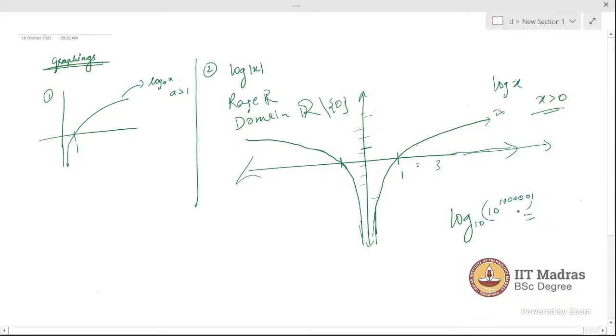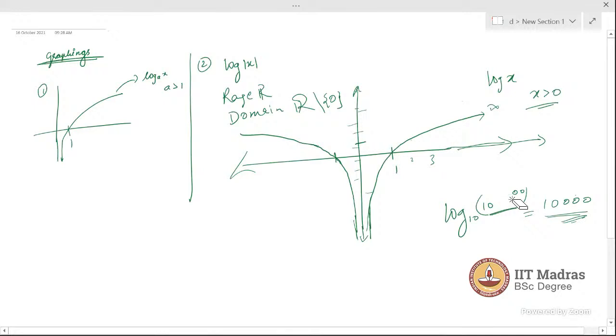It's going to be 1 lakh, so the log is 5. So this is your x here. As x increases, what happens to the value of log x? It is increasing slowly, but still it is increasing. What happens when x goes to infinity, some light year? Then the answer will be a light year, right?